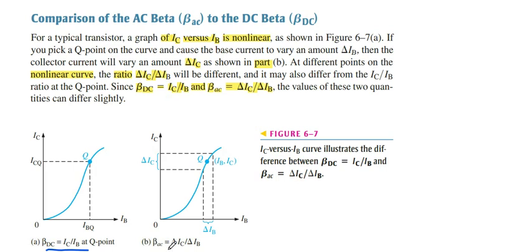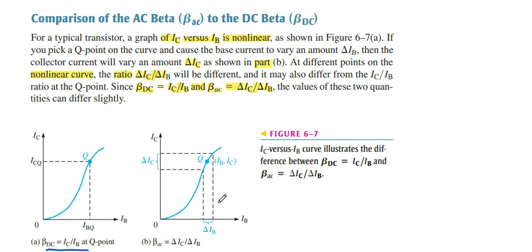There is a very slight difference between beta AC and beta DC. This is the variation of two points, like del IC over del IB. This is also non-linear. While we get the value of beta DC at any point.